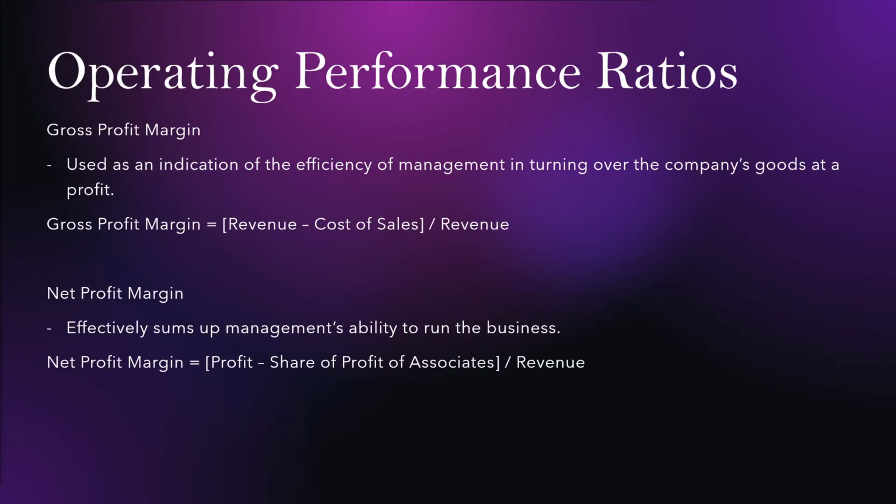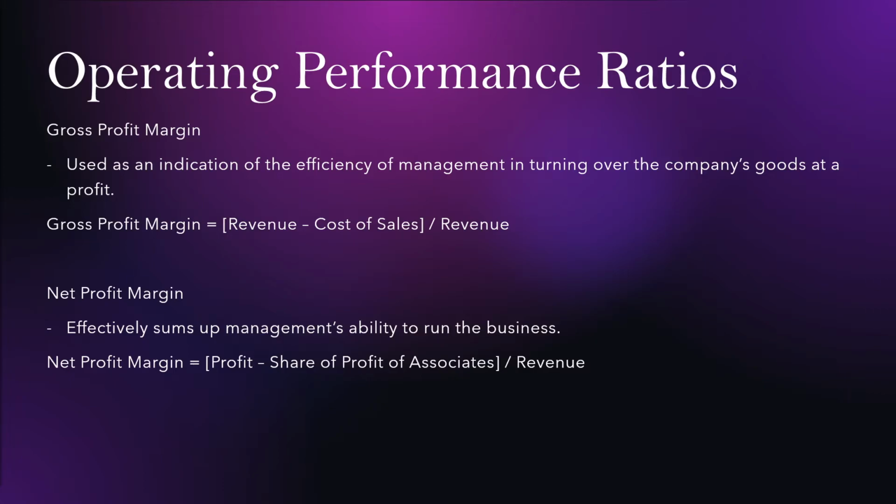Now we will be moving on to the operating performance ratios, which show how effective management is at using profits. So first we have the gross profit margin. This ratio is calculated as gross profit divided by revenue, also just revenue subtract the cost of sales divided by revenue.